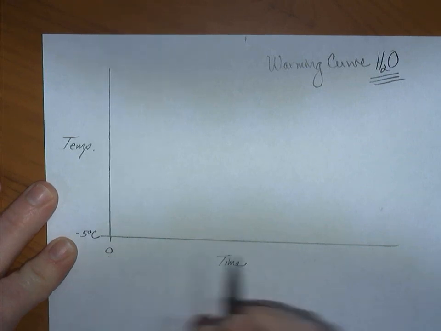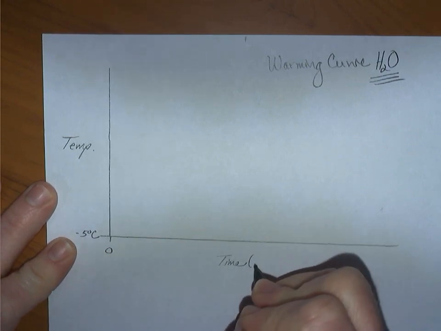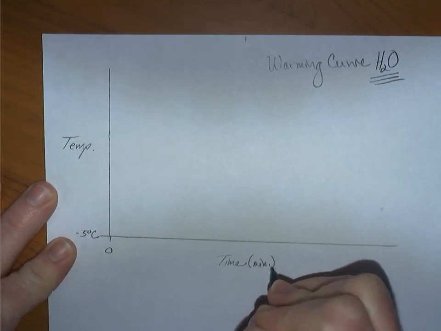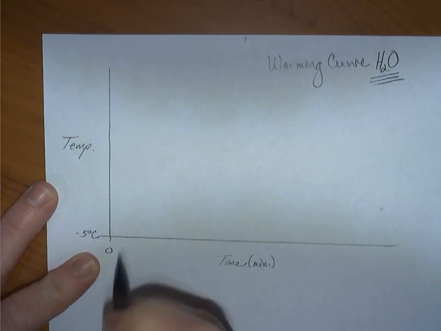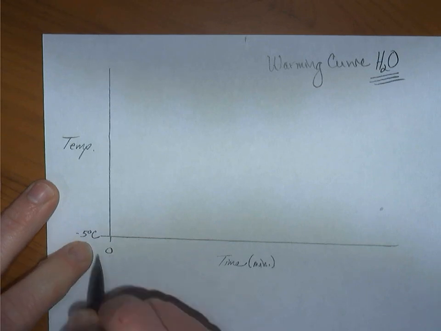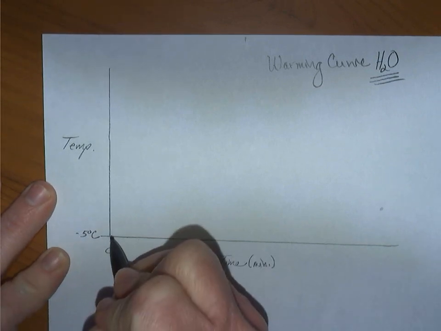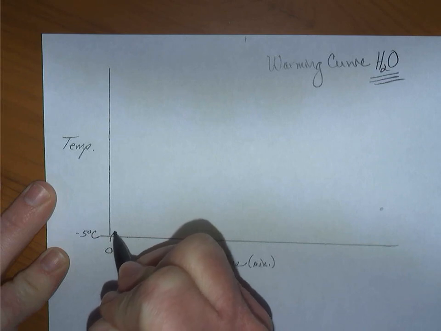So I'm just going to be generic and let's say, let's go ahead and take our temperature in minutes. So maybe every 30 seconds, so half minute. So probably what's going to happen is what we would predict, that we begin solid and then our temperature will increase.